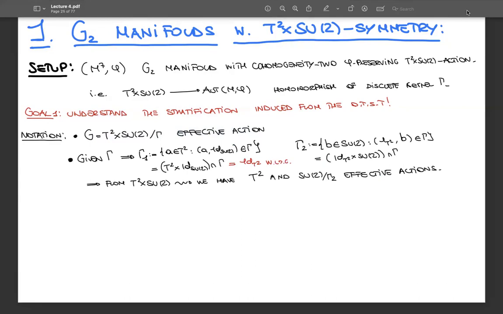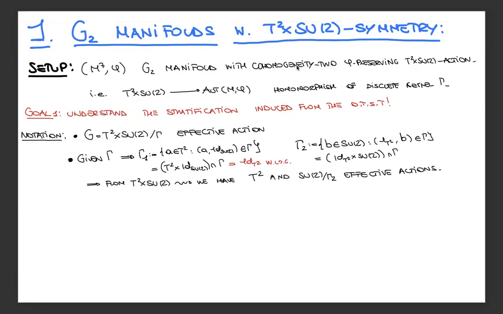Now, given such a G, we can also define two subgroups of gamma, which are given by the intersection of gamma with T2 times the identity component, and gamma 2, which is instead the intersection of gamma with the identity part of T2 times SU2.